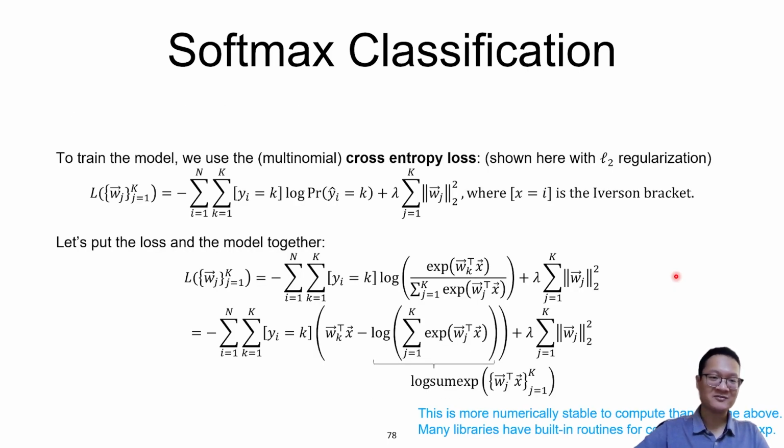Again, to train a model, we use the cross entropy loss, right? Sometimes called the multinomial cross entropy loss. In machine learning, people just say cross entropy loss because very often we have many different classes, not just 2 classes. Here we're going to be showing the L2 regularization version. It's actually very similar to the cross entropy loss in the case of 2 classes.